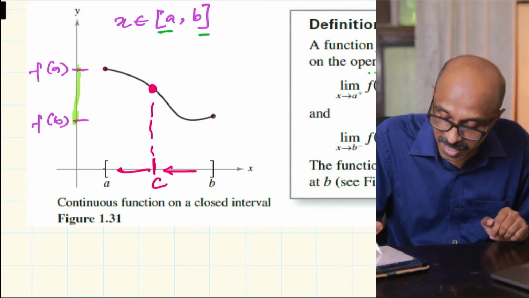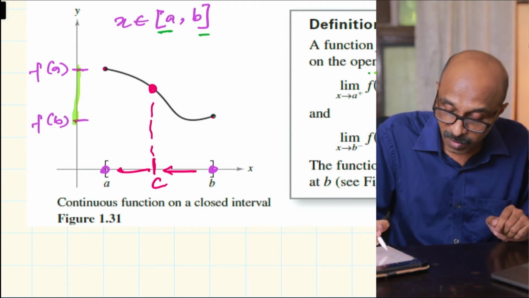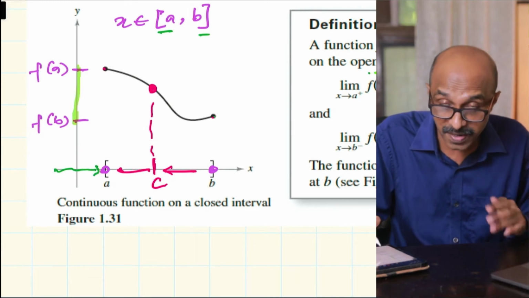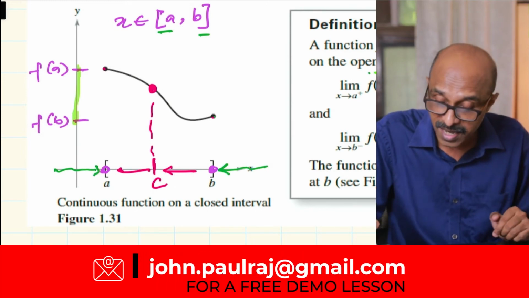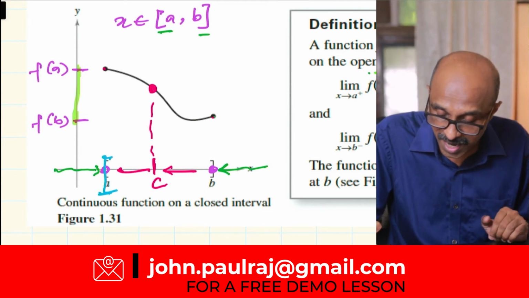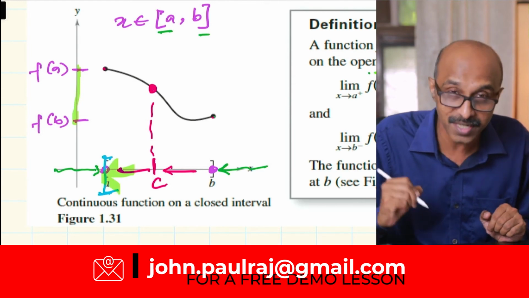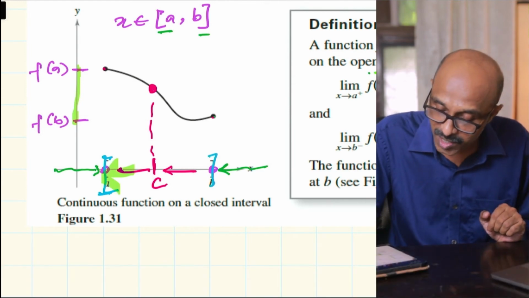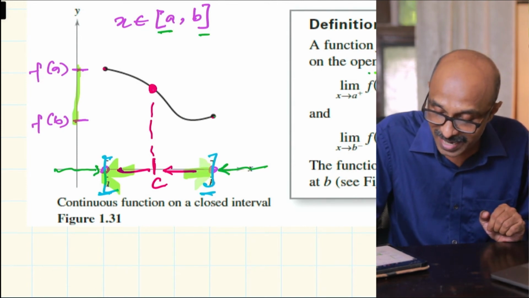But there is an additional point to be noted about these endpoints a and b. In the domain, we don't have any values of x to the left-hand side of a, and we don't have any values of x to the right-hand side of b, which means that at a, the left endpoint of the interval, we only have a right-hand limit. And at b, the right endpoint of the interval, we only have a left-hand limit.